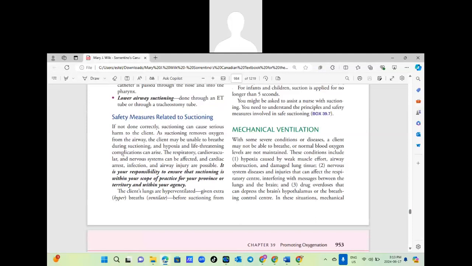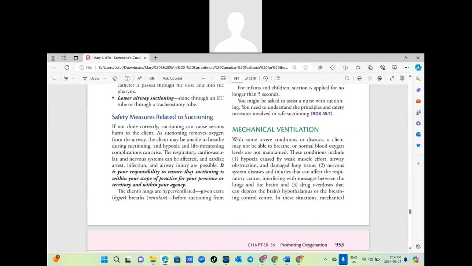The client may be unable to breathe during suctioning, and hypoxia and other life-threatening complications can arise. The respiratory, cardiovascular, and nervous systems can be affected, and cardiac arrest, infection, and airway injury are possible.